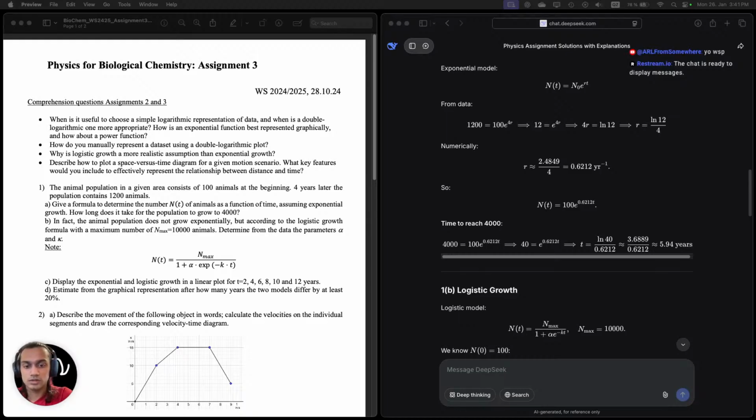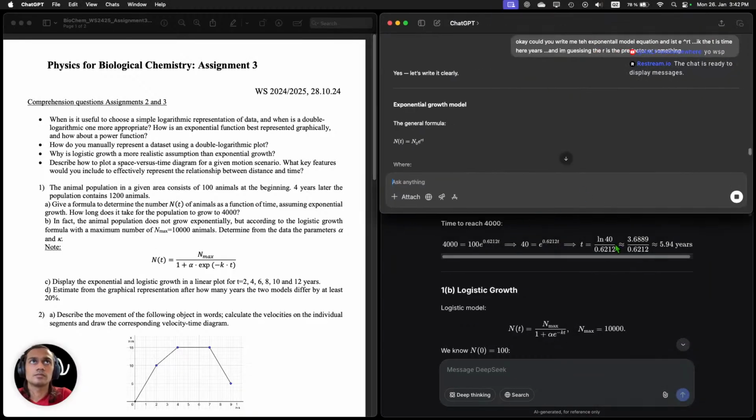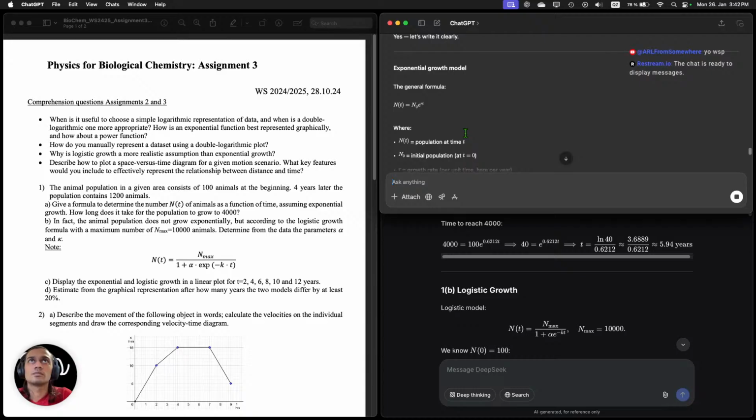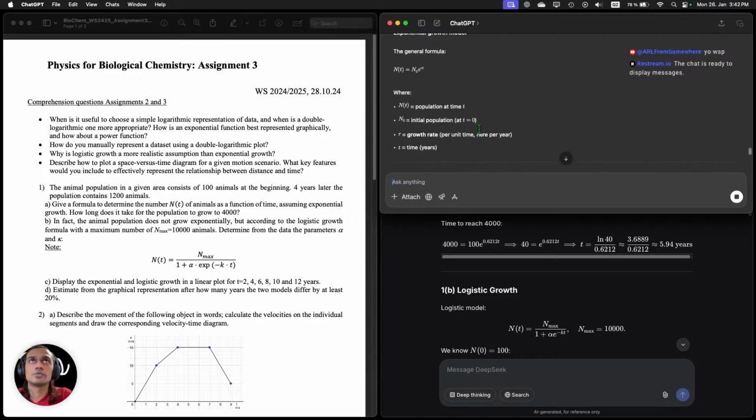I know the t is time here, and I'm guessing the r is the prefactor or something. Population, initial population, growth rate. Okay, growth rate per unit time, per year.